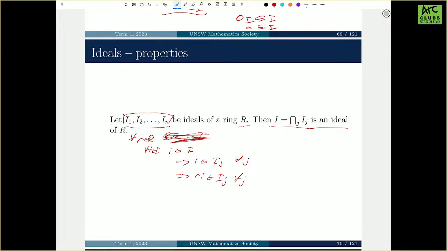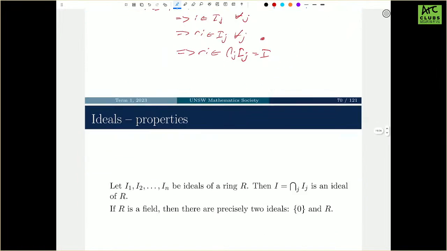That's using closure under external multiplication for Ij. But this just simply implies Ri is in the intersection, which equals I. Yeah, because we have it for all j, so it must be in the intersection as well. Pretty neat.